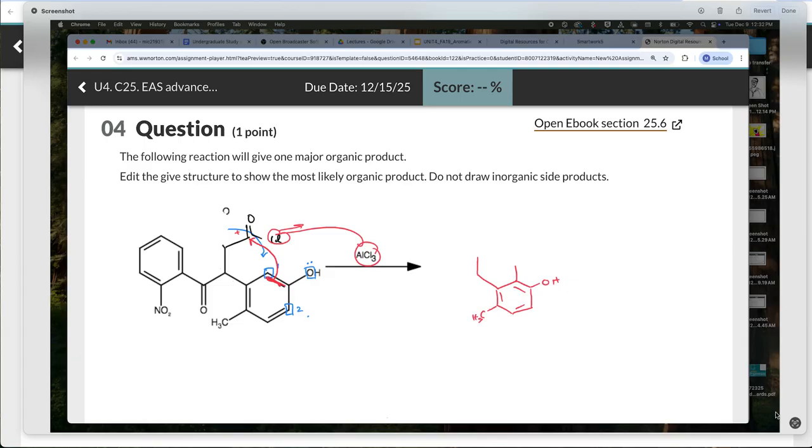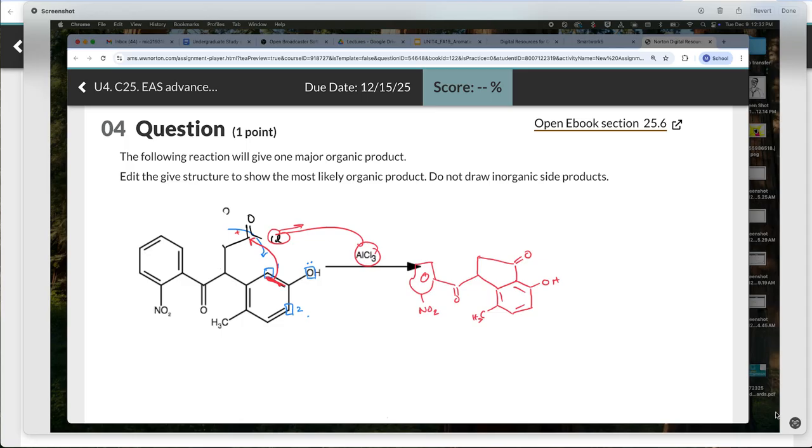Pull that straight up. Pull that one straight across to our carbonyl. And that gives us, as I just suggested, a 5-membered ring. Oof, that's a 6-membered ring. We're just going to pretend. Kind of makes sense?